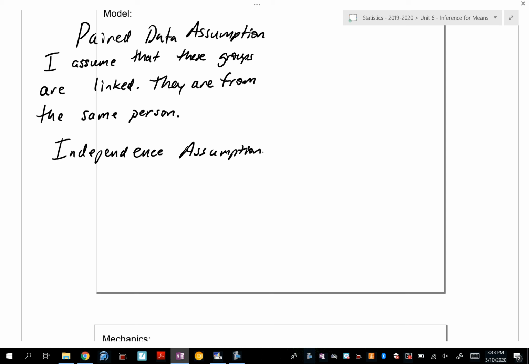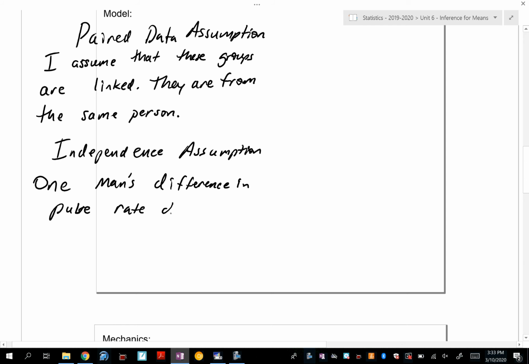Something like that. I'll write it down. So one man's difference in pulse rate does not affect another.